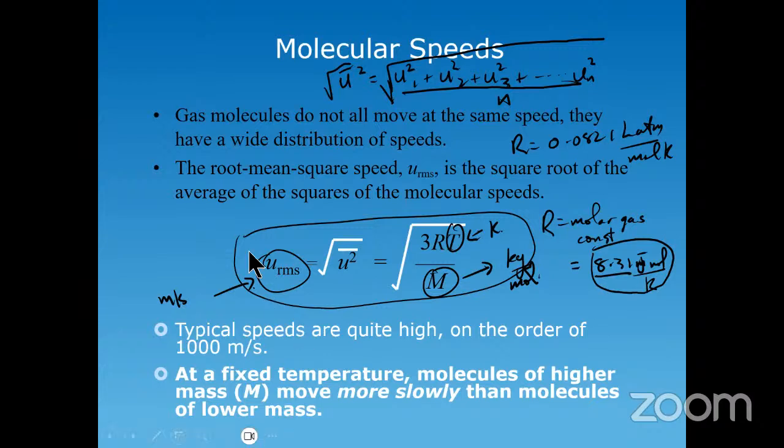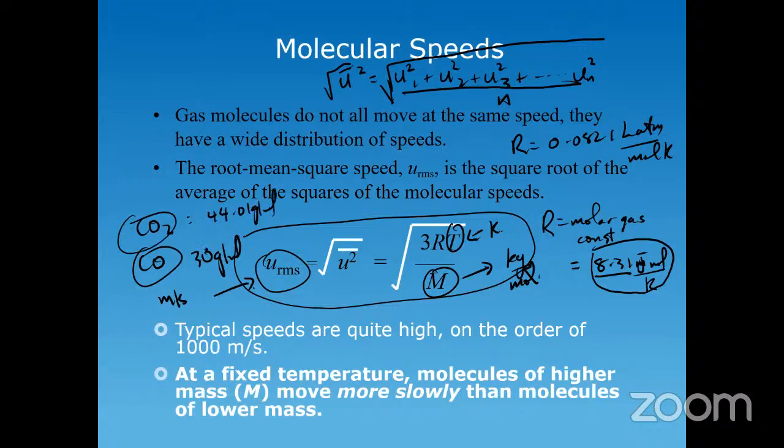So for example, let's say you have carbon dioxide compared to carbon monoxide, and you are asked which one has a greater root mean squared speed. Well, you can easily say that carbon monoxide will have the greater root mean squared speed. Why? Because carbon monoxide has a molar mass of about 12 plus 16, 28 grams per mole, while carbon dioxide will have a molar mass of 44.01 grams per mole.